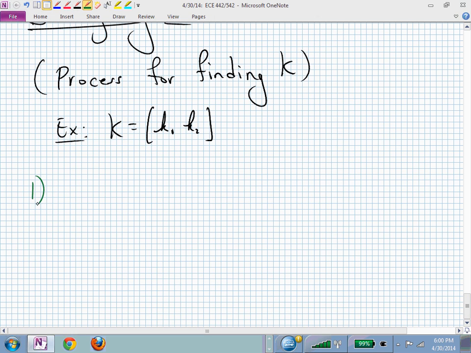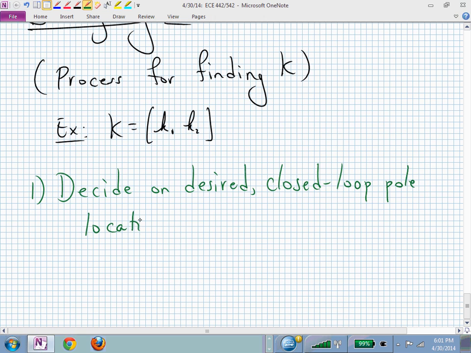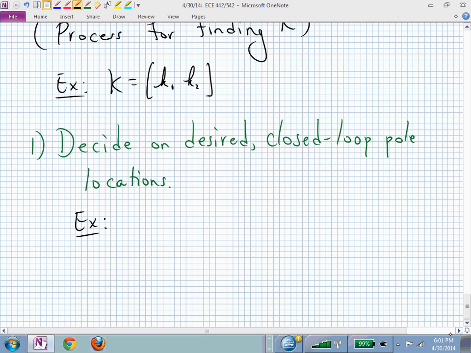The first step is you need to decide on desired closed loop pole locations. For our example, how many poles do we need? And now this is why we've been harping on where do we locate our poles?